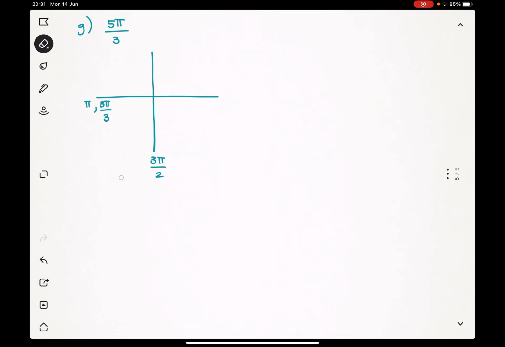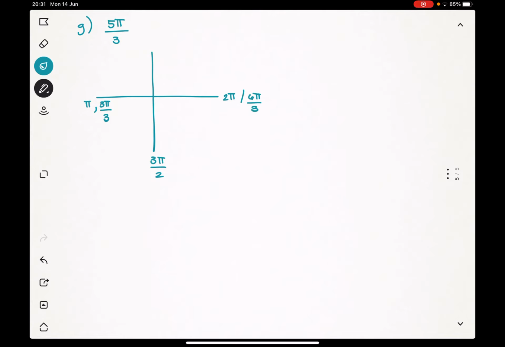We have 5 pi over 3. So 5 pi over 3 is, this is pi, this is 3 pi over 2. Pi is also 3 pi over 3. So 5 pi over 3, this is 2 pi, which is 6 pi over 3.